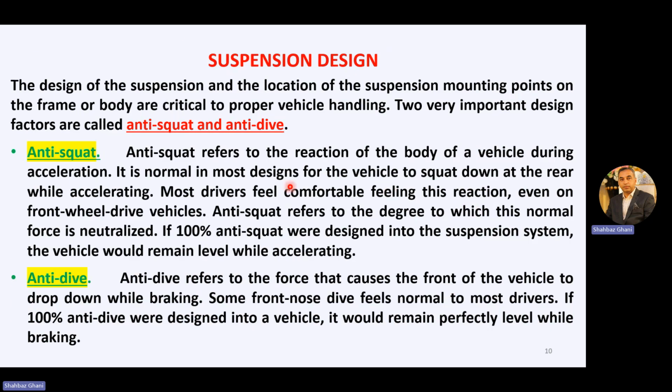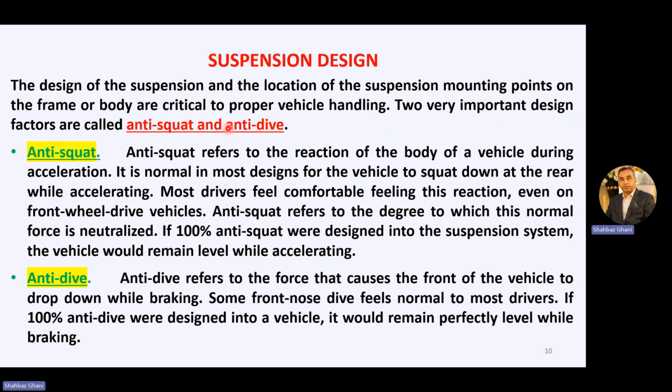Now suspension design. The design of the suspension and the location of the suspension mounting points on the frame or body are critical to proper vehicle handling. It is very important how you design your suspension system and how the critical points in the suspension mounting are designed, because the design of the suspension and the location of the suspension mounting points on the frame or body are critical to proper vehicle handling.